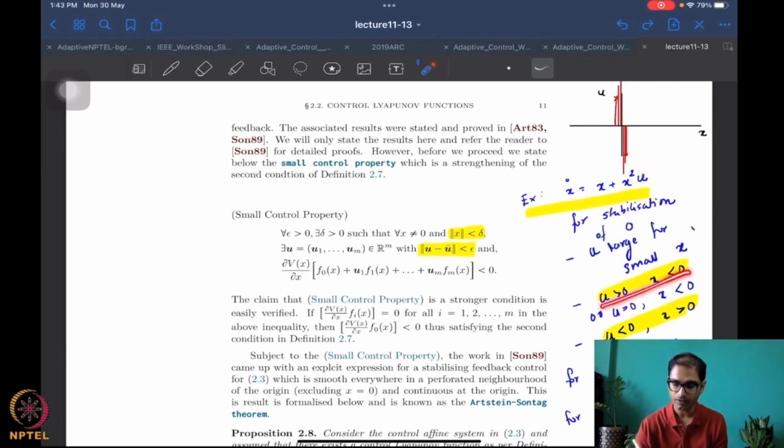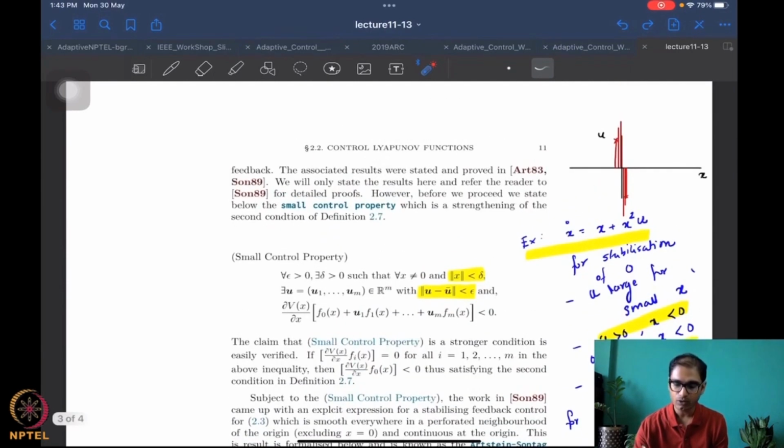So the sign of u is opposite to that of x near the origin, that is the equilibrium. But as you go closer and closer to the origin, u has to be larger and larger. So very close to the origin, u is almost minus infinity on one side and positive infinity on the other side. So it is not at all a small control problem.